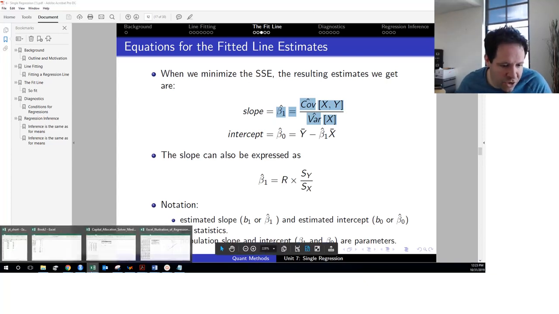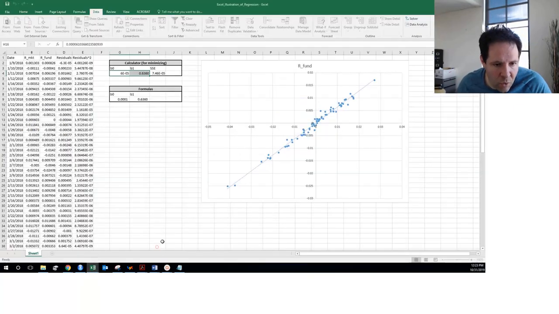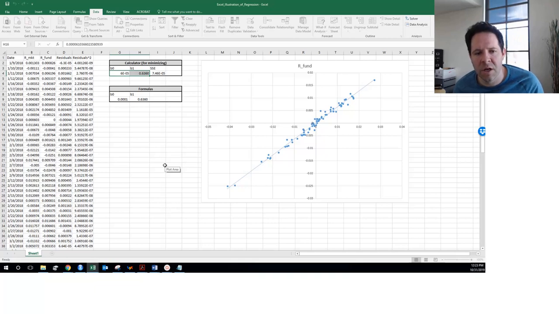I hope this example shows that when you minimize the sum of squared errors, like we just did here with Excel Solver, that delivers you the same answer as just applying the formulas that we have available to us.